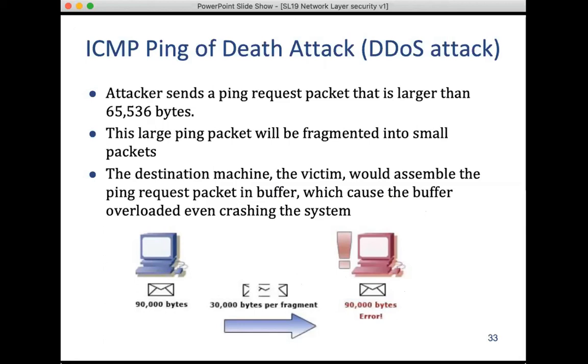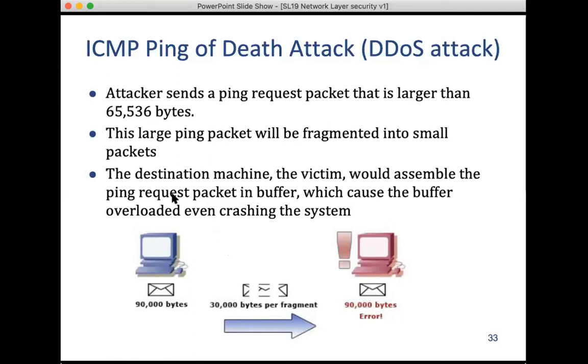So what will happen? This large ping packet will be fragmented into small packets in between, because this size is larger than a node can handle, right? And these fragments will finally go to the end machine.